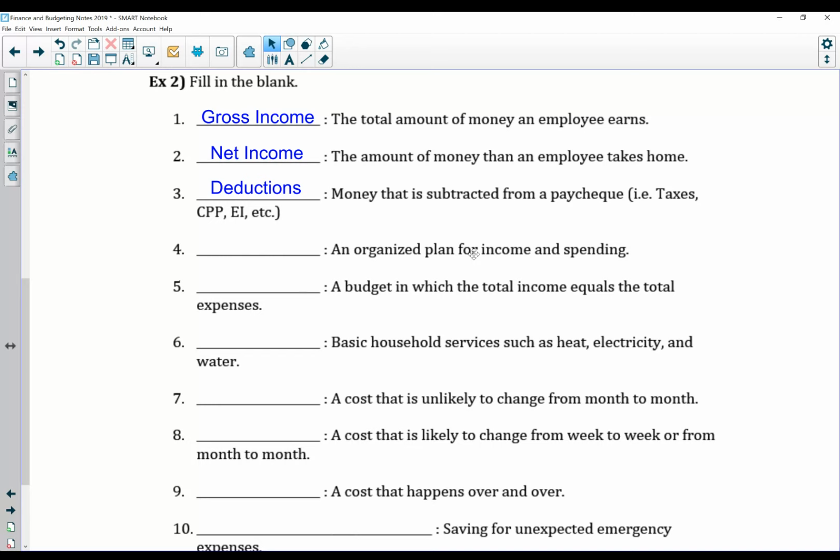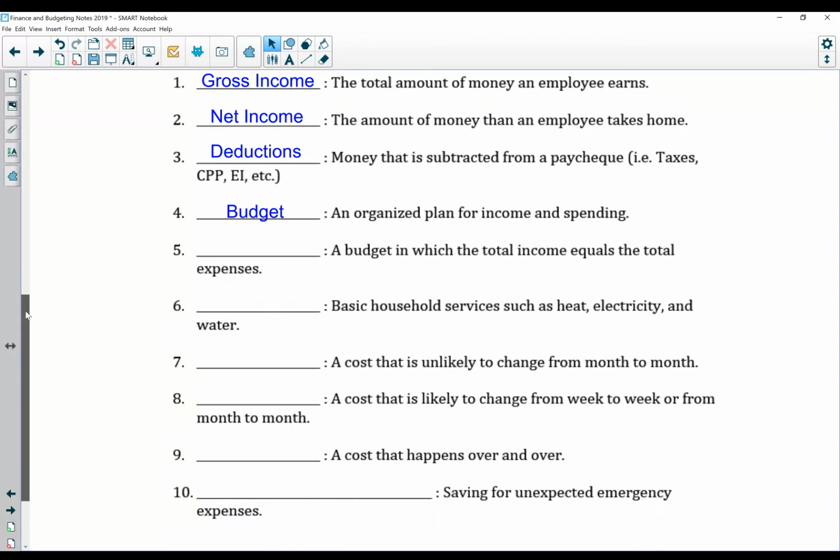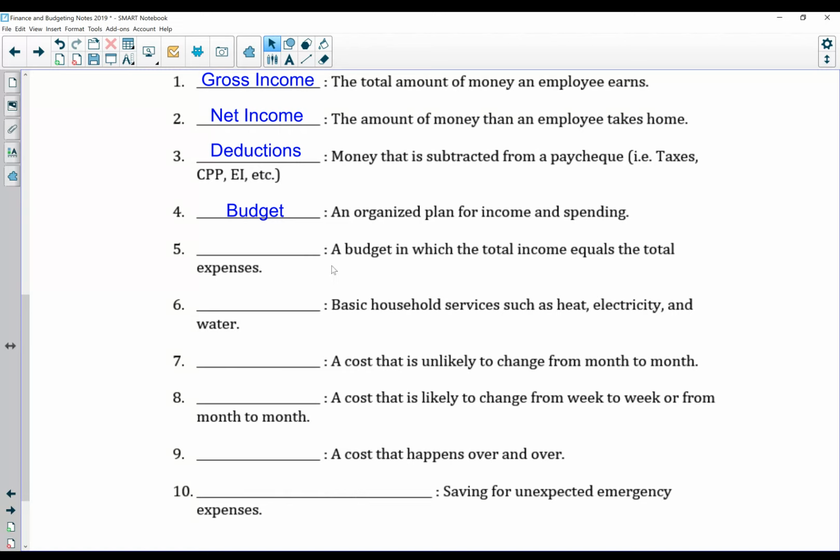Number 4 is an organized plan for income and spending. A plan where we talk about the income and the spending that we're going to do. That is called, of course, a budget. Number 5 is a budget in which the total income equals the total expenses.